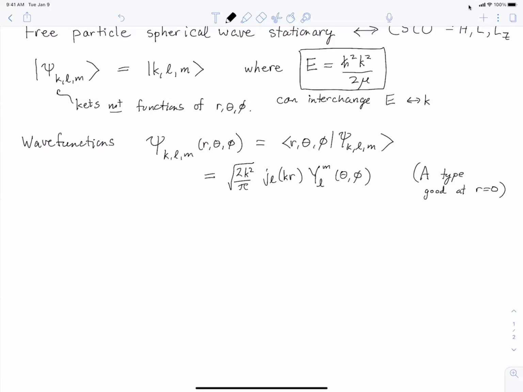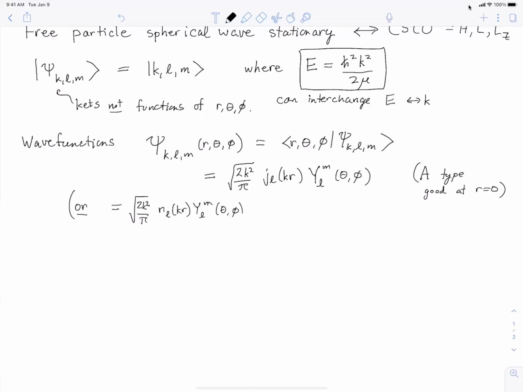And for a while, we're going to be talking about solutions that are supposed to work everywhere. And so we will indeed want these A-type solutions. But just as a reminder, I'll put this in parentheses, or you could have the same normalization factor times the spherical Neumann functions times the YLMs.